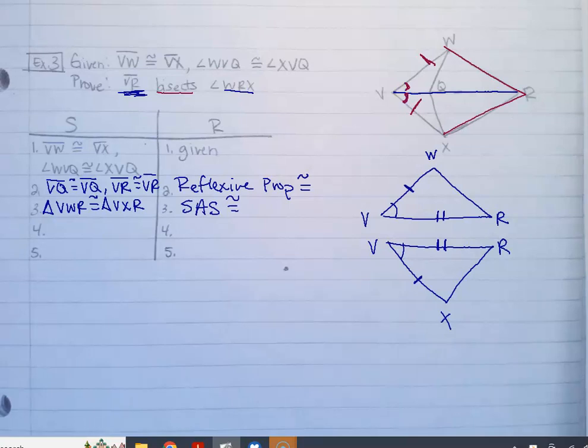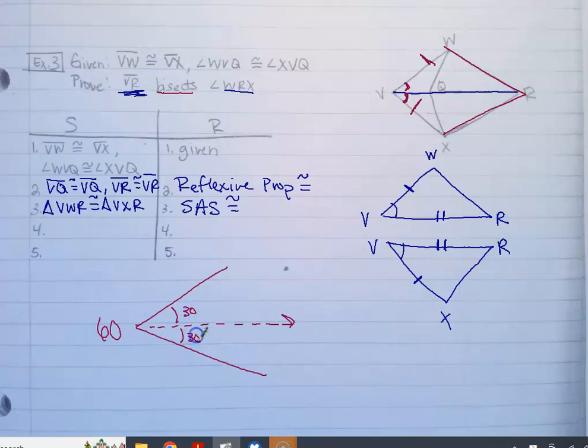So think about this. We knew these were congruent. The definition of an angle bisector is that it cuts an angle in half. So if this angle is 60 and it cuts it in half, what is each of these angles now? 30. But here's the deal. Now we have this other shape over here.